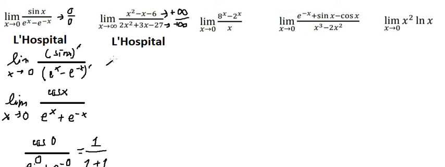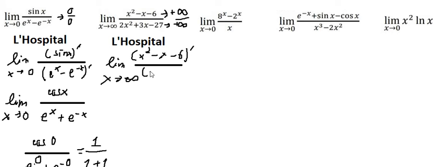So we have the limit as x approaches positive infinity. That means we need to take the first derivative of the numerator and denominator.